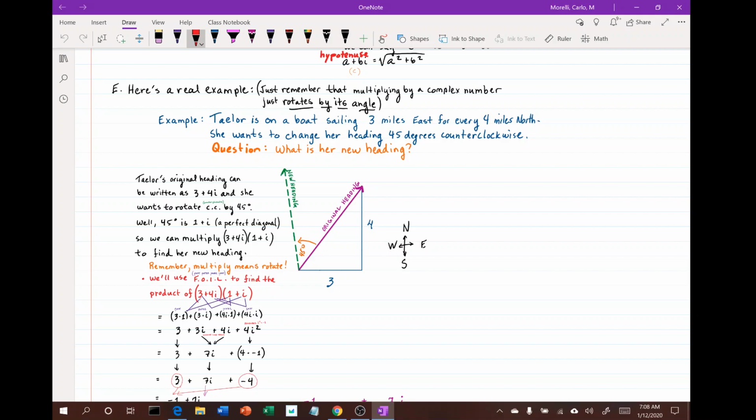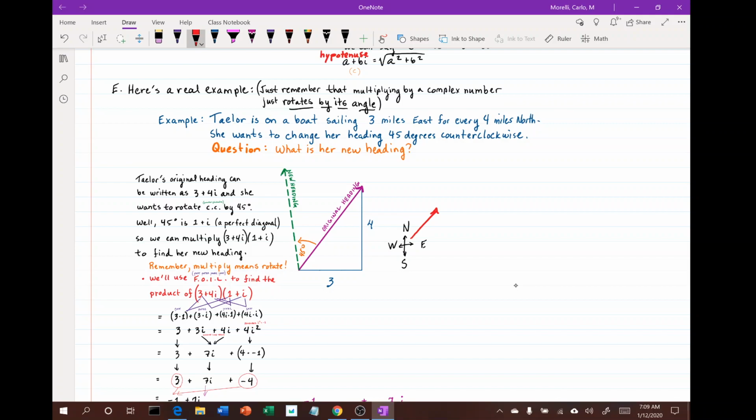I hope at this point we understand that multiplying by a complex number implies that there's a rotation happening. So here's our example. Taylor is on a boat sailing 3 miles east for every 4 miles north. So she's in a boat and she's heading in this kind of northeast direction, in this direction in her boat.